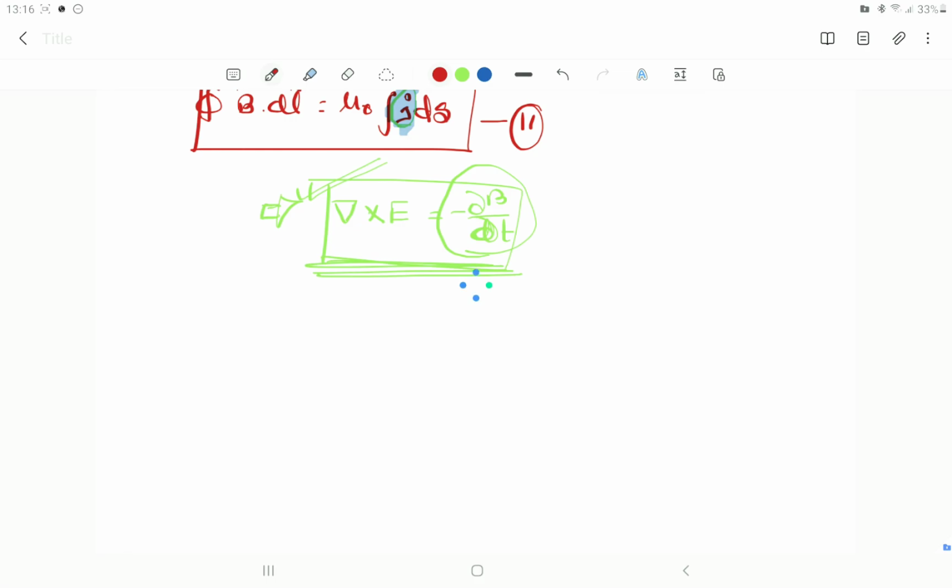So the time variation of magnetic field B at a given point determines the curl of vector E at the same point. Now, we had learned in electrostatics that electric field is a potential field, right?